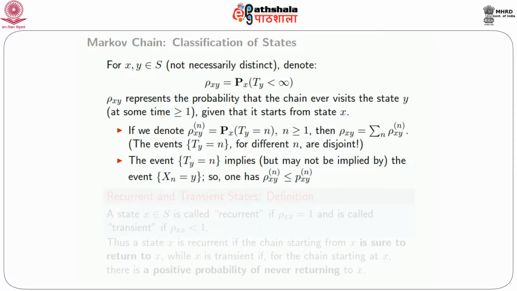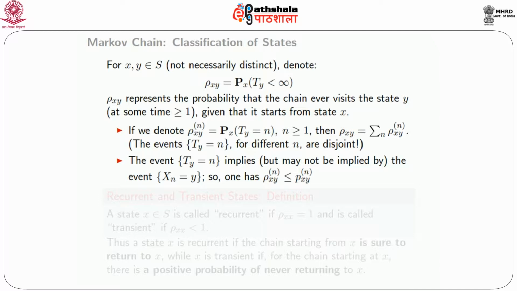The event T_x equal to n implies, but may not be implied by, the event that X_n equals x. Remember, T_x equal to n means n is the first time that the Markov chain visits x. That is, it is the first n such that X_n equals x. So if T_x equals n, then certainly X_n equals x, but there is an additional restriction that none of the previous X_k's could be equal to x.